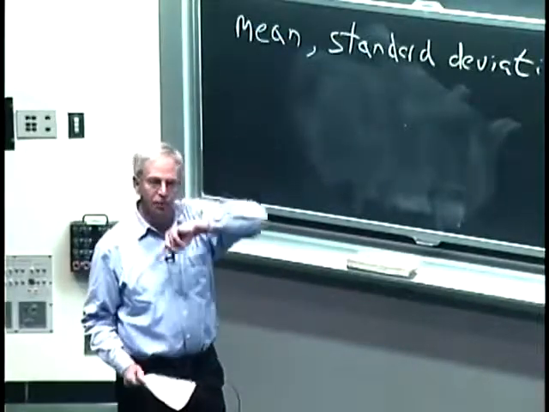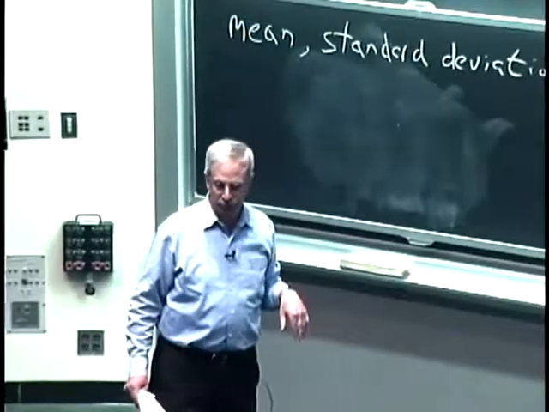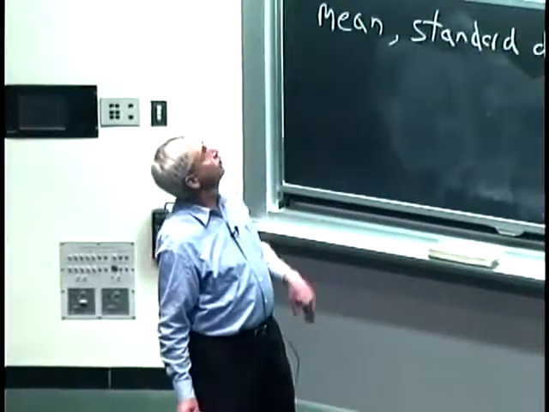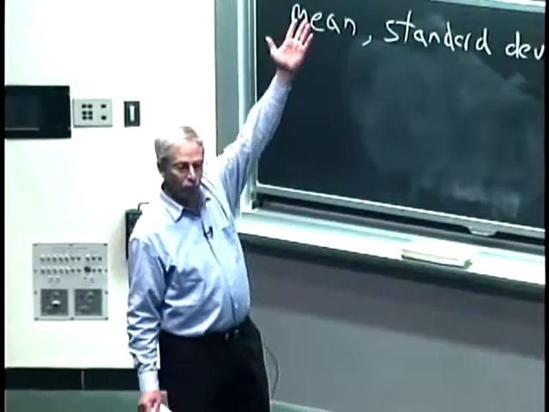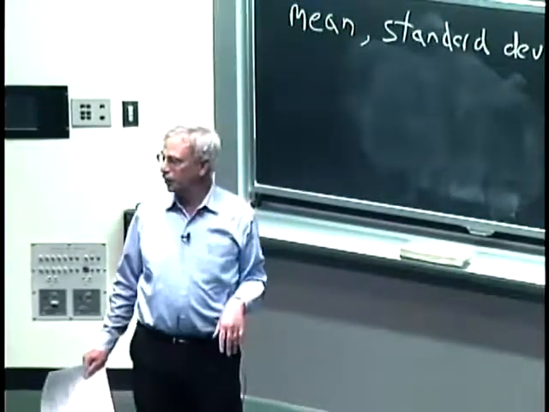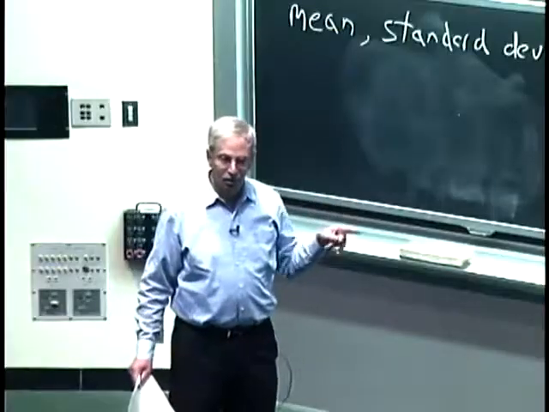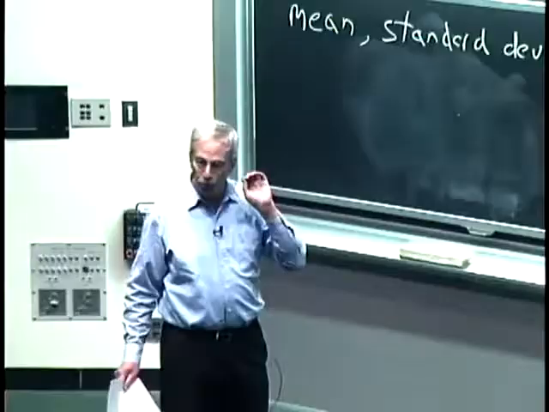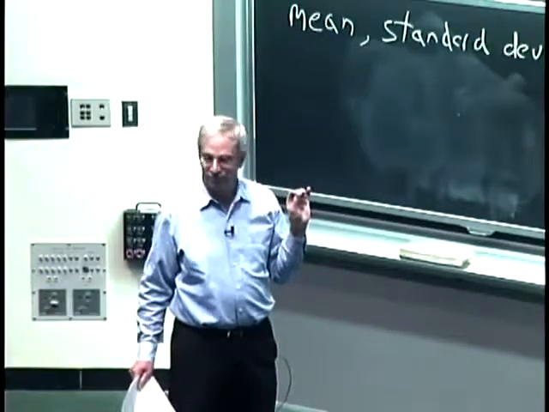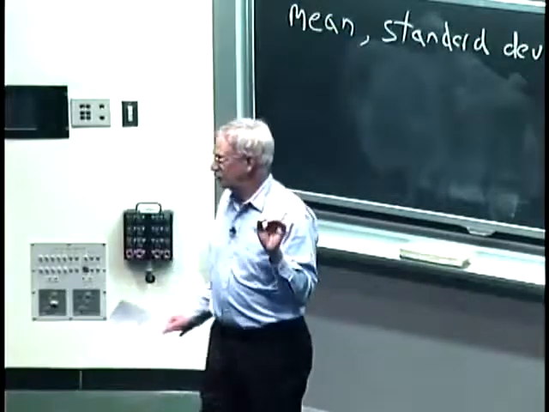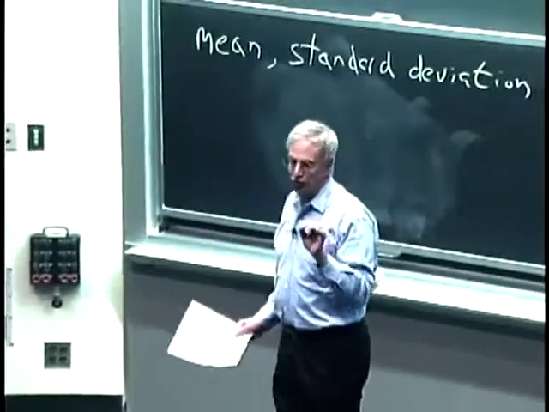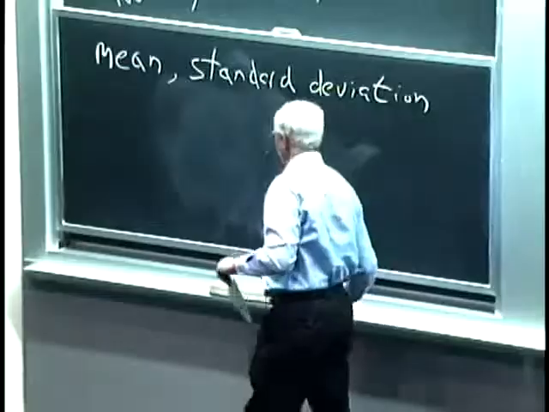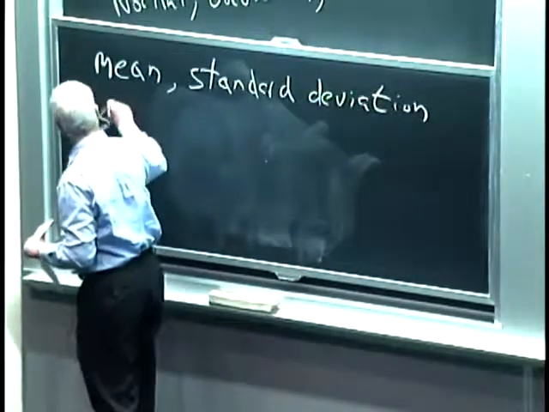But the shape would always be the same. And if I were to, instead of doing 100,000 throws of the dice as I did here, do 1,000,000, the label on the y-axis would change, but the shape would be absolutely identical. This is what's called a stable distribution. As you change the scale, the shape doesn't change.